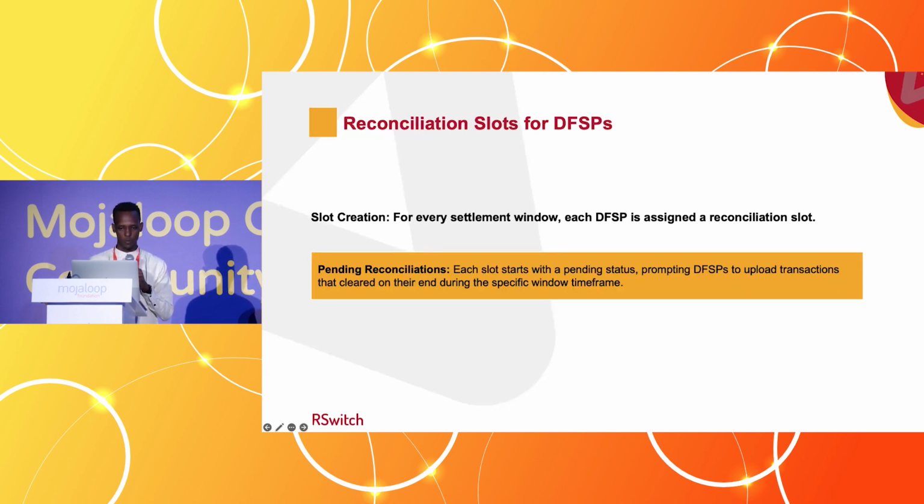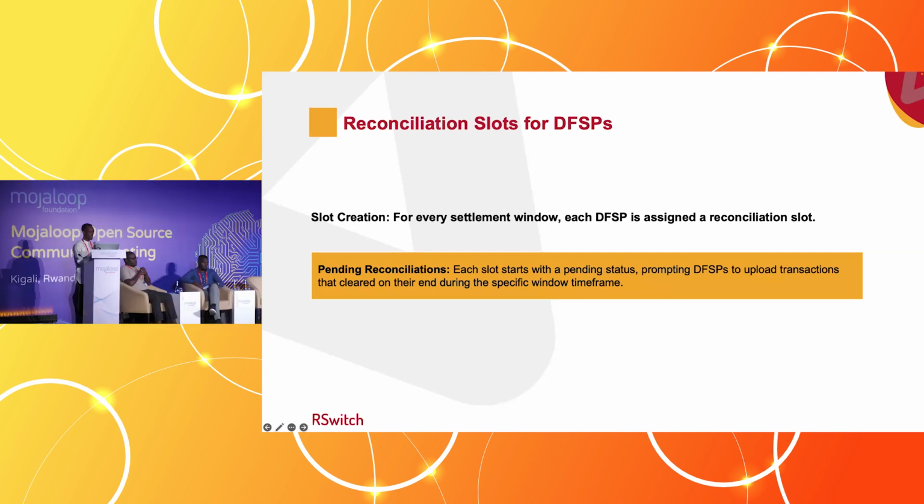When we create a window for reconciliation, we create a slot for each DFSP. These slots help the DFSPs upload their reconciliation file, the transactions that happened in that particular window, onto the system.